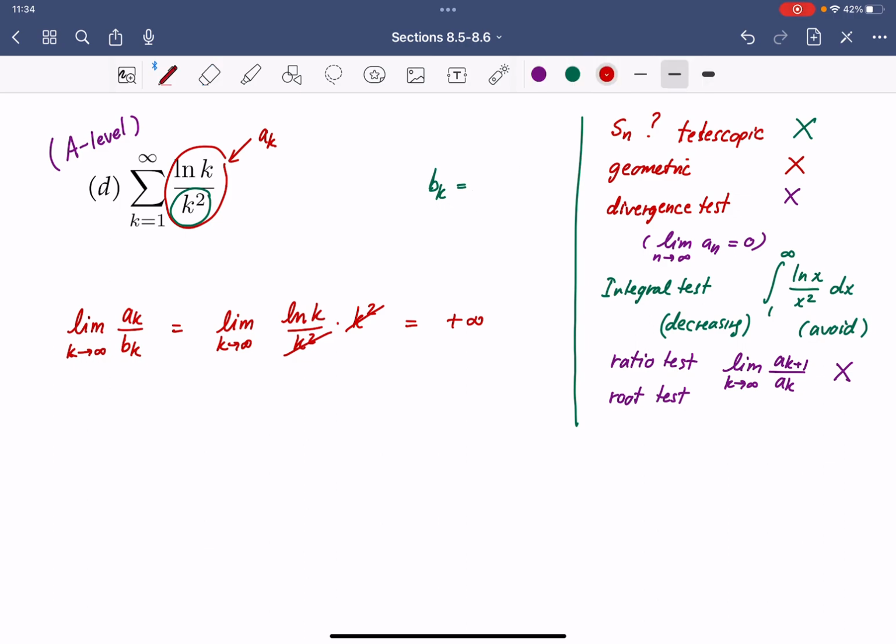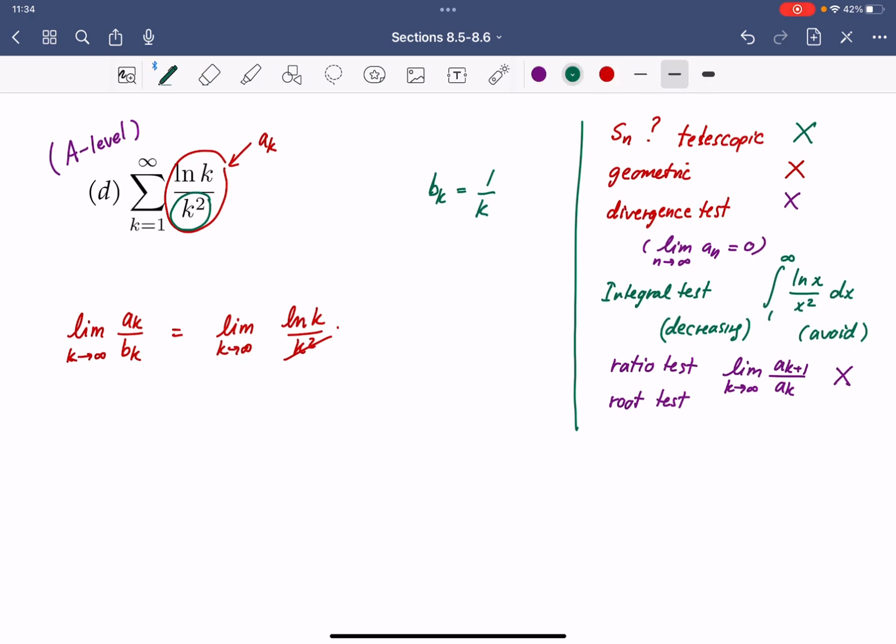Let's do something smaller, 1 over k. Maybe 1 over k is going to work. So it's going to cancel, and then you get 1 over k left here, and then you have the limit of log k over k as k goes to infinity.